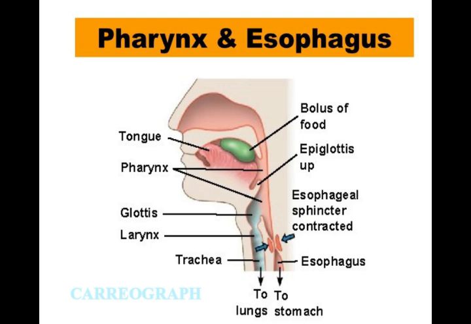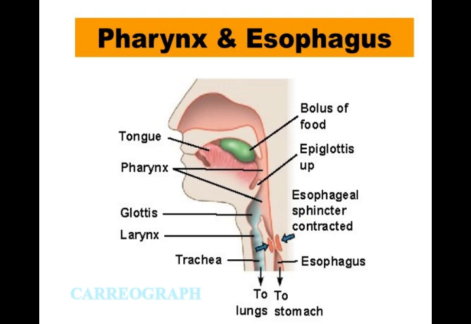Now this esophagus is also a muscular tube-like structure which runs from the pharynx to the stomach. Friends, the food doesn't just fall through the esophagus into the stomach; it is the wall of the esophagus which propels the food to the stomach by a rhythmic wave of muscular contraction and expansion.